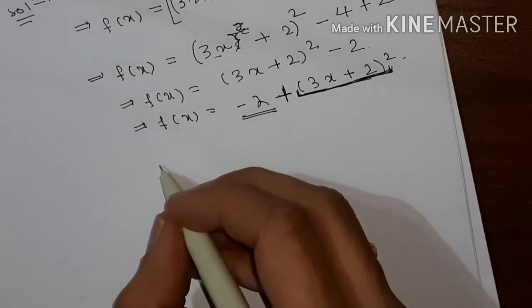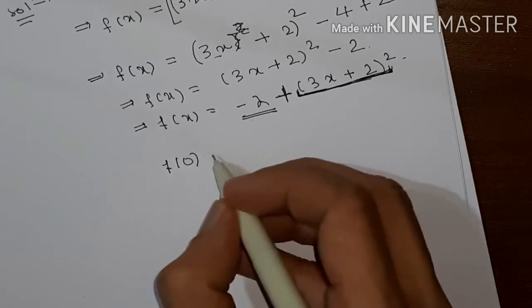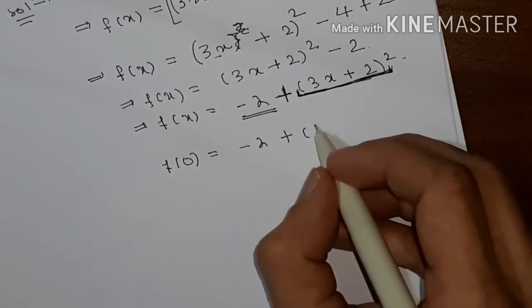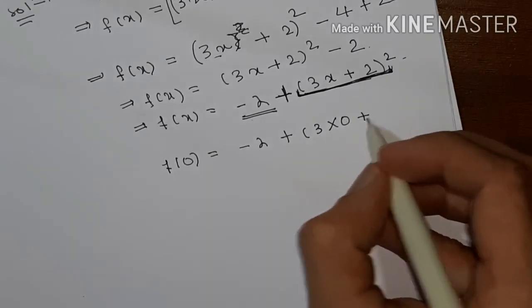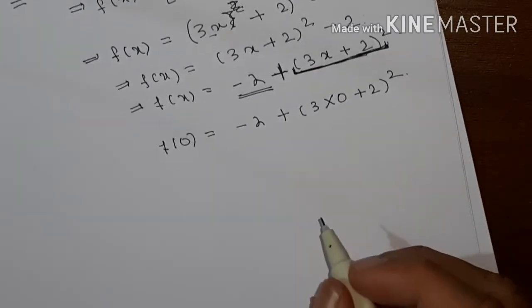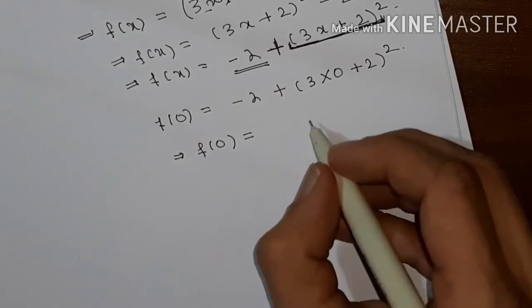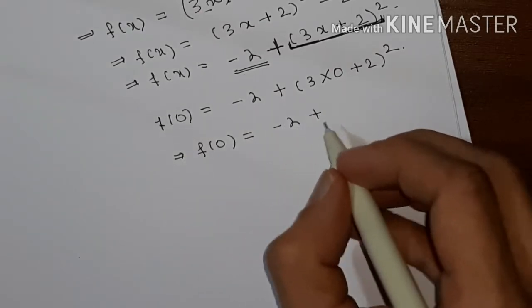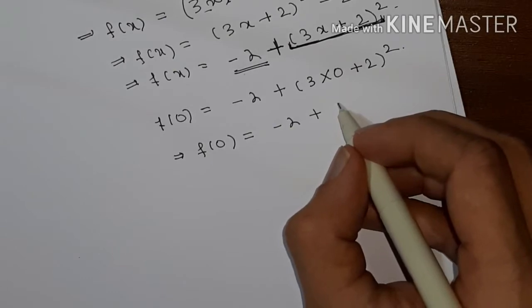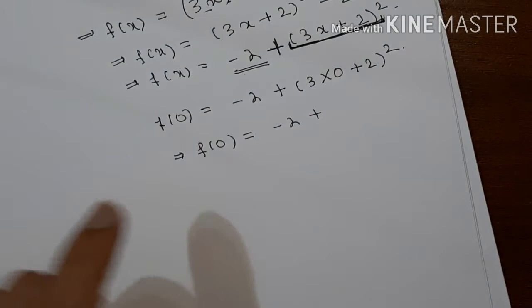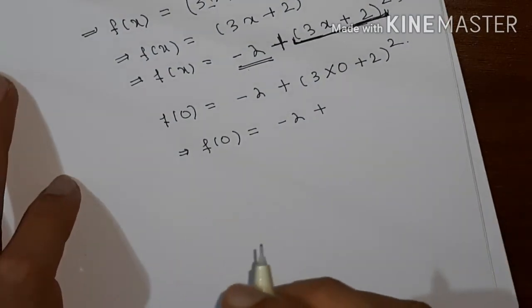See, you can write it like this, f(0) will be minus 2 plus (3 times 0 plus 2)². But we cannot take 0 here directly.